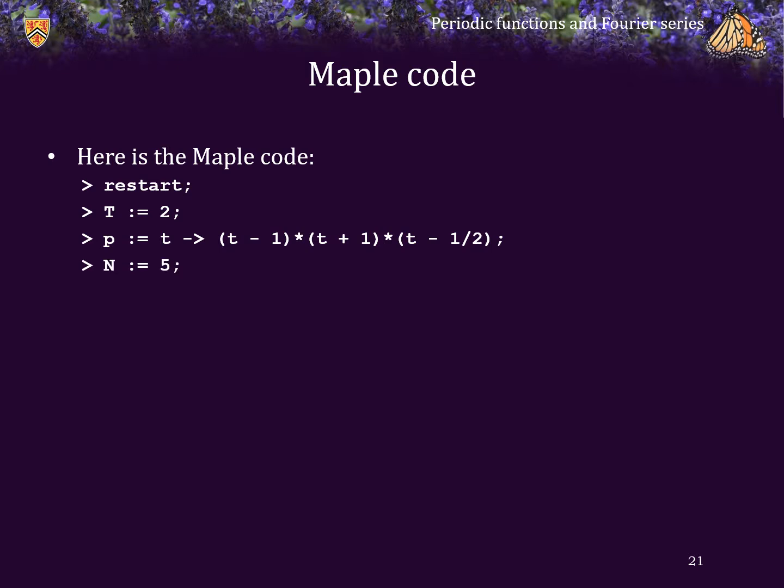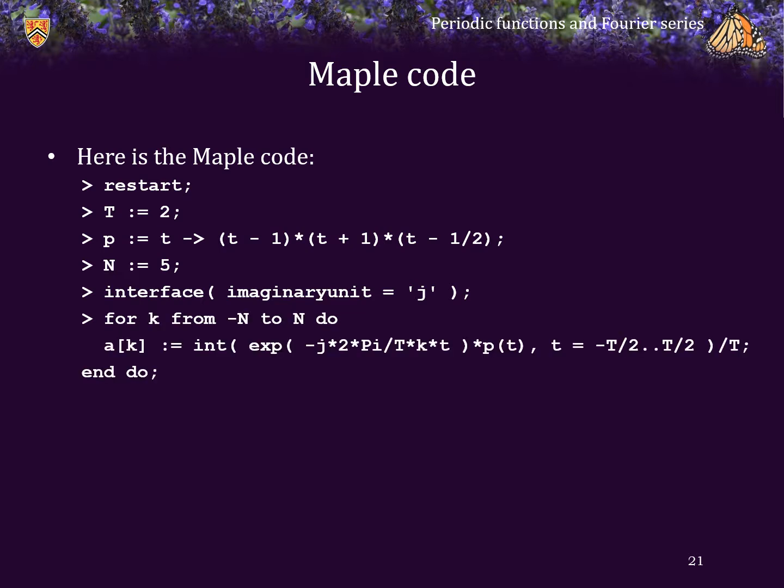Next, we're going to calculate 6, or rather 11, coefficients, from a sub -5 to a sub 5. Being engineers, we want to use j as the square root of -1, so we will set the interface imaginary unit to use j. All right, so now we can have a for loop. So k will take on the values from -n to n.